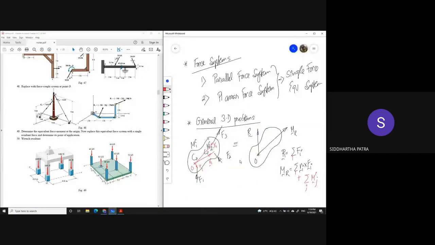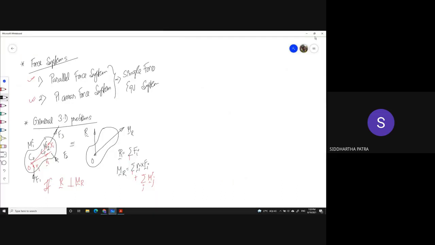Now we saw that in some cases, let's say in these two cases, it is evident that the resultant force and the resultant moment are going to be normal to one another. So in that case, the entire force system could be reduced into a single force.